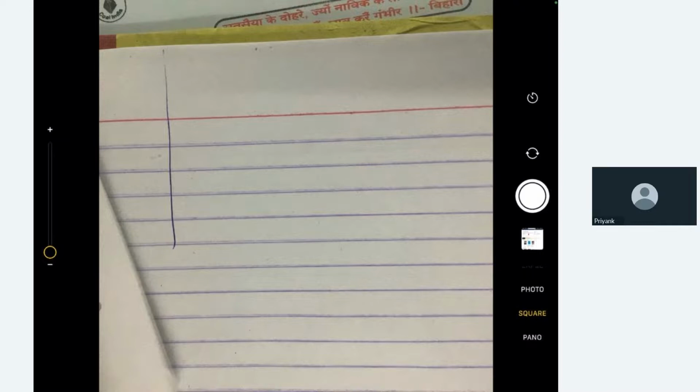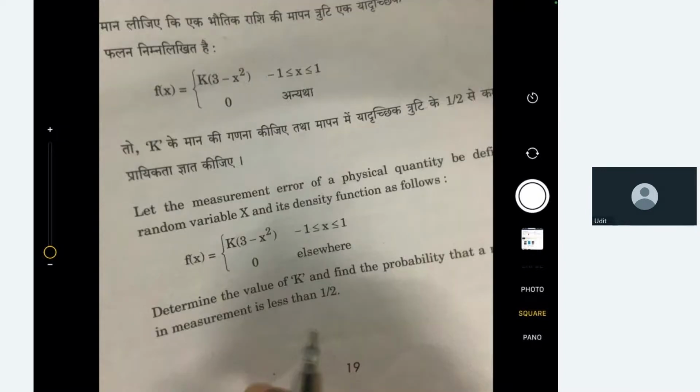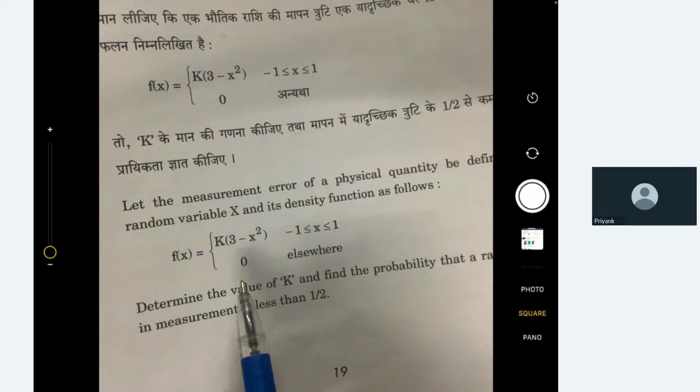Now let's come to question number 6C. It is a very easy question. It's a simple integration, and using this integration we require to find the value of K, and then we require to find the probability that the random error in the measurement is less than 1/2.